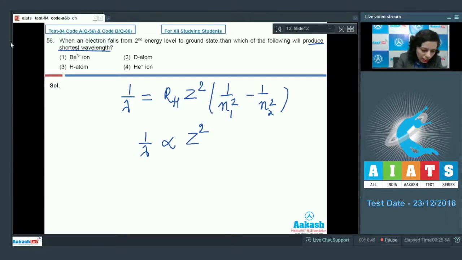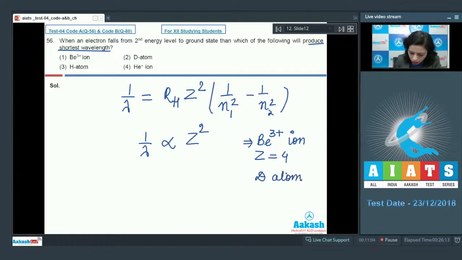Let's check the Z values for the given species. We have Be3 plus ion. For this species, the Z value is equal to 4. Further, we have D atom. For this D atom, the Z value is 1.